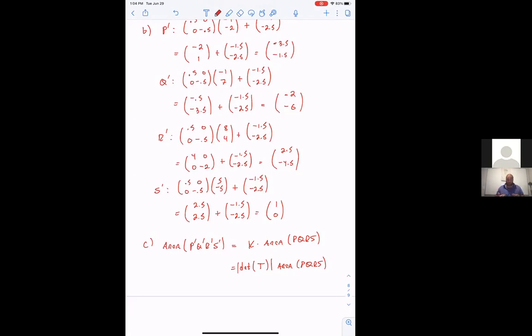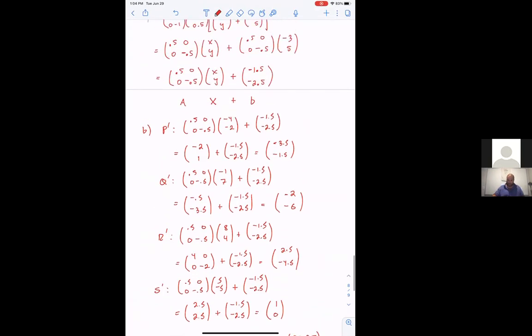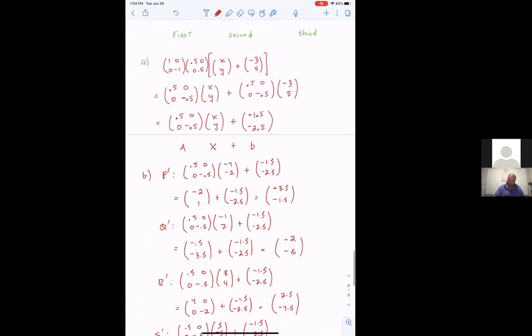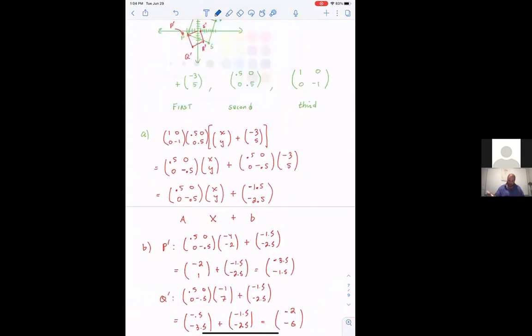But a reflection across the x-axis also has no effect on the area. So all we really have to focus on is the enlargement by the factor of 1/2, which, if we go back up here, is this matrix right here. That's the only part that matters. The translation has no effect, the reflection has no effect, but the enlargement, of course, does.